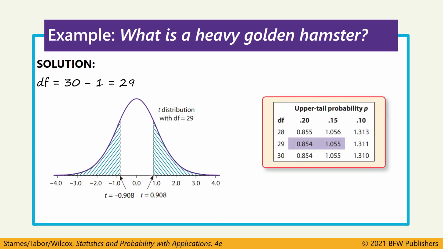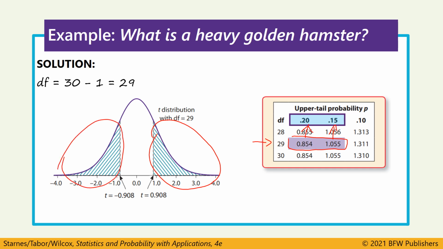So when we look this up in the table, we go to degrees of freedom 29, okay, and that 0.908 is in between these two values. Now we're going to trace those up and look at those probabilities. So the probability of just this side is somewhere in between 15% and 20%. Okay, now we have to note that that's not including that other side.